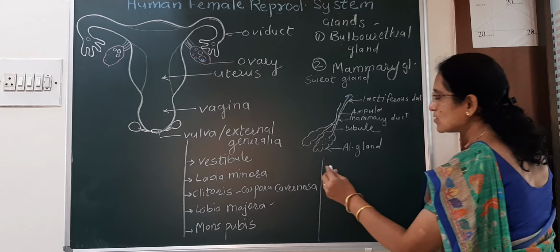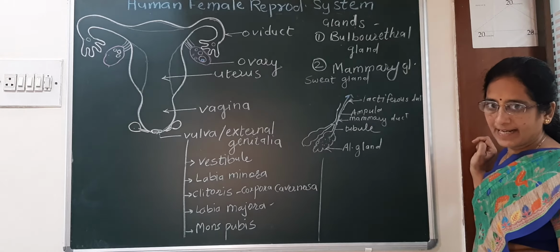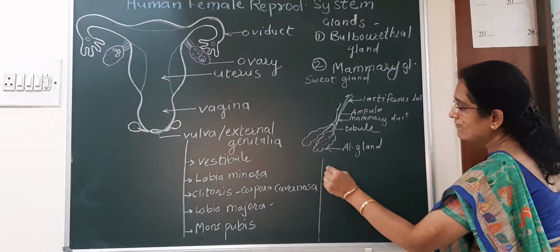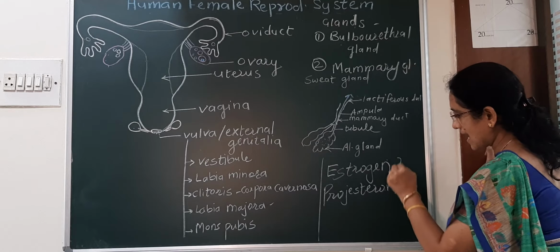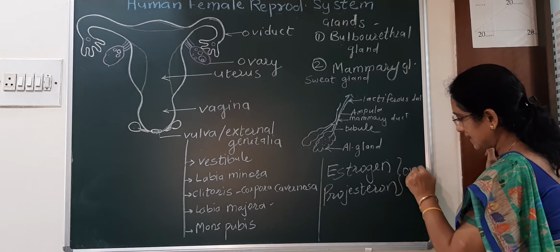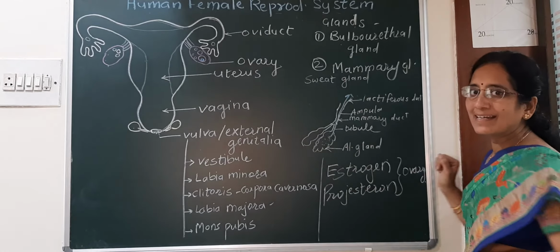Mainly three hormones are responsible for development of the mammary gland. The first is estrogen and the second is progesterone, secreted by the ovary, which develop the mammary gland.